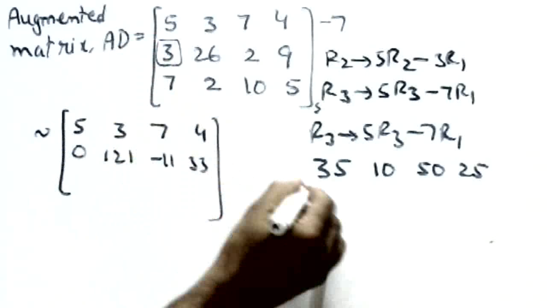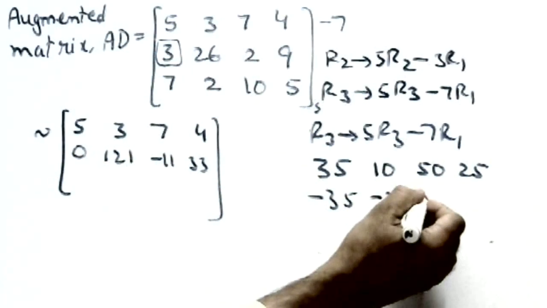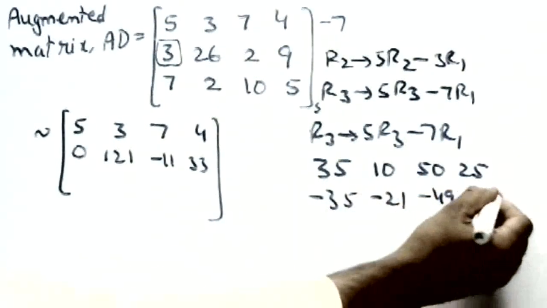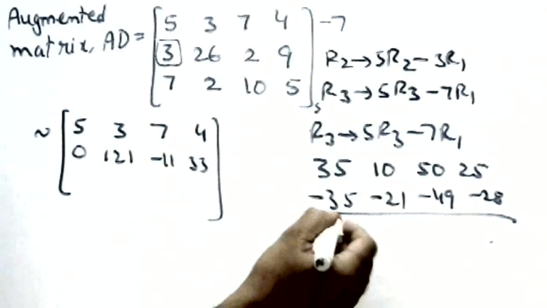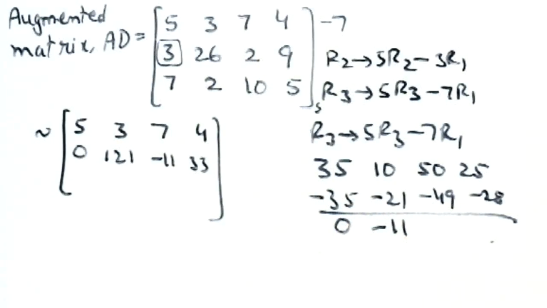Minus 7R1, so multiply with minus 7: minus 35, minus 21, minus 49, minus 28. So see here what is left here: 0. This will become minus 11, minus 11, and this will become 1.